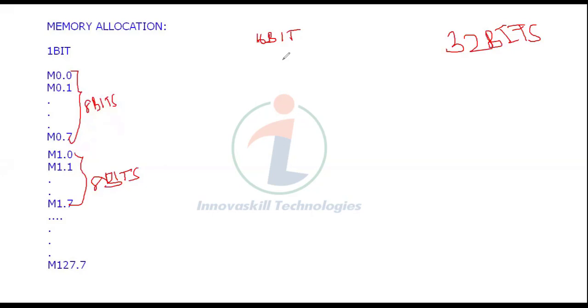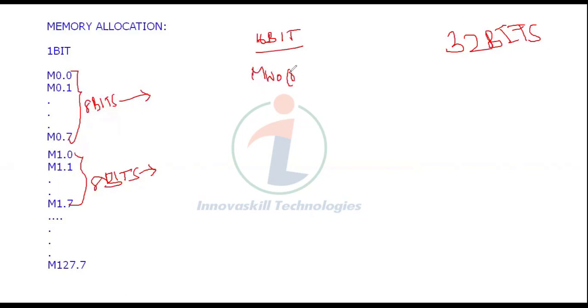And what address we have to use for 16-bit and 32-bit, I will be explaining now. If you need a 16-bit address, you have to use two 8 bits. That is, a combination of two 8 bits makes a 16-bit. The first address for 16-bit will be MW0. If you give 0, it is enough.